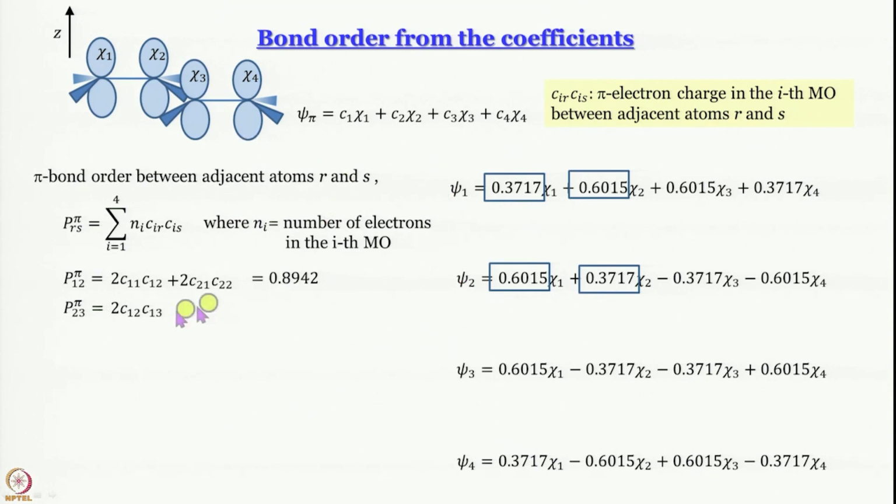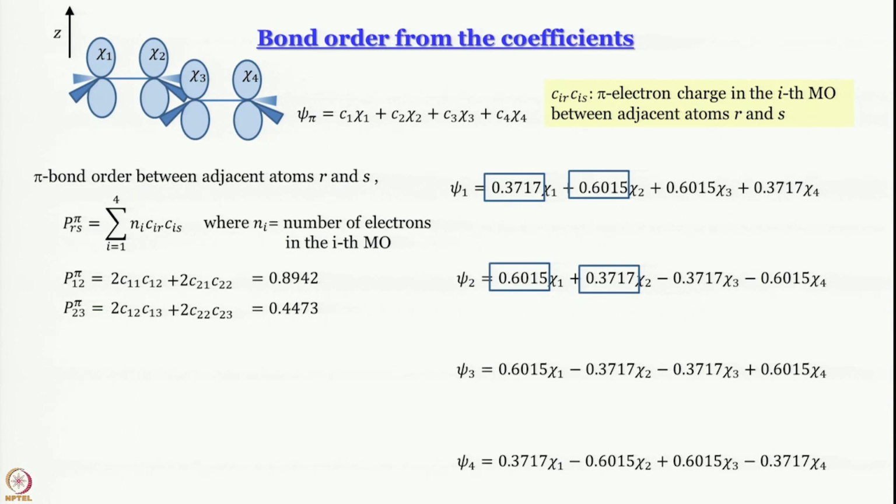So, we have to worry about the coefficients of the first and the second NEMOs in these atoms. So, 2 into C12 C13 plus 2 into C22 C23, okay. That turns out to be 0.4473. Please work it out yourself.